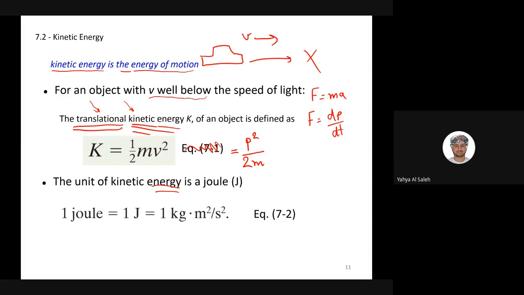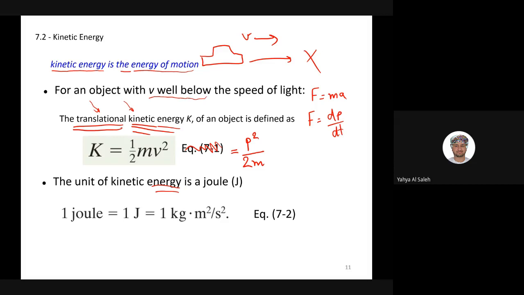And we say that the translational kinetic energy is half mv squared. And translational has lines under it, because when we specify translational kinetic energy, it also means that there are other types of kinetic energy. So, for example, rotational kinetic energy, which we will study in chapters 9 and 10.